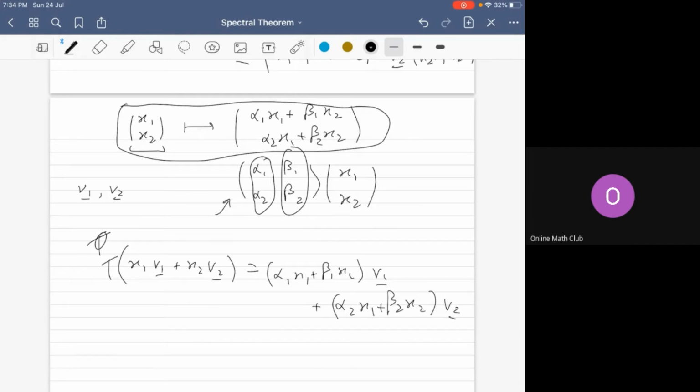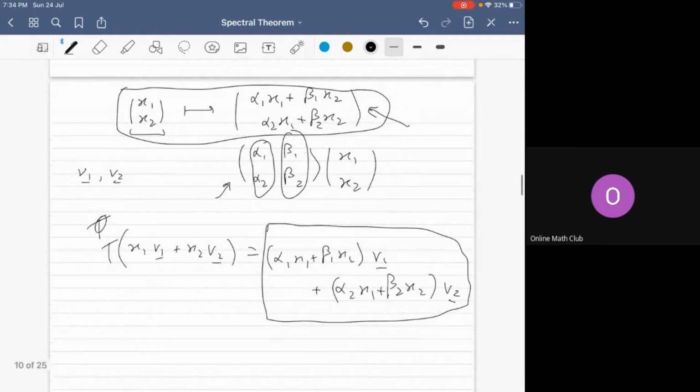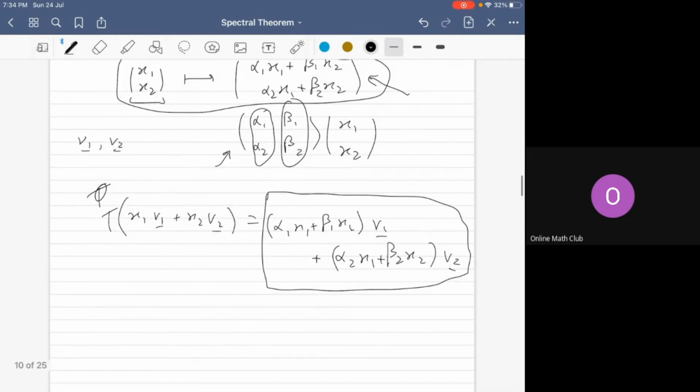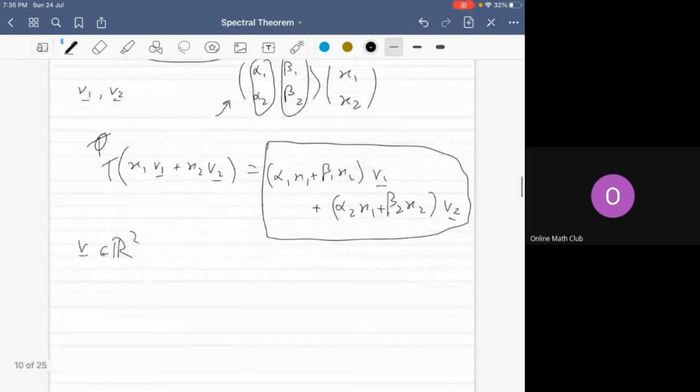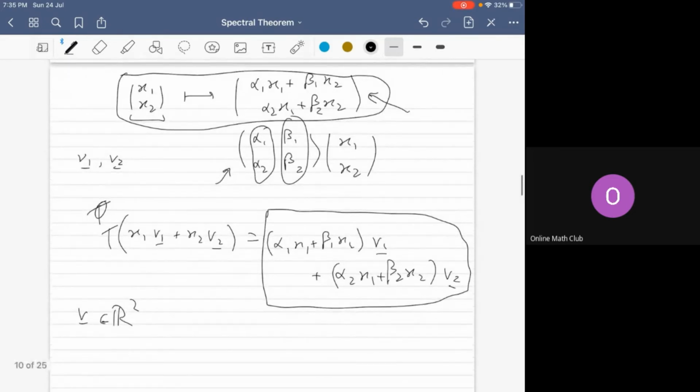As in, I'm writing these as vectors because these are coordinate vectors of this vector, which is a vector in R square. But the coordinate vectors are still v1 and v2 only, no? No, wait. V is a vector in R square, and we are coordinatizing the space, which leads to V being essentially, okay.